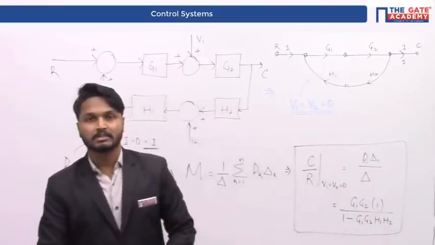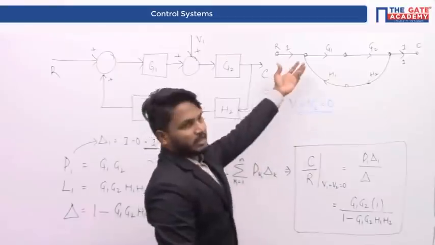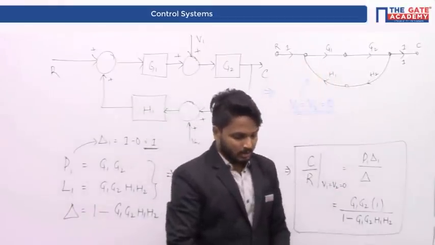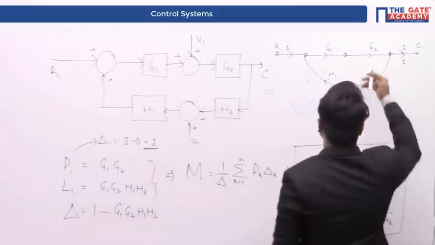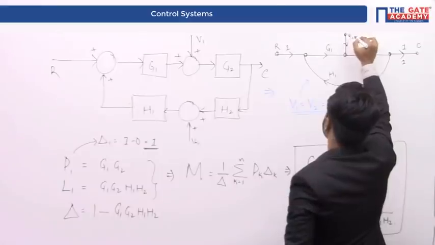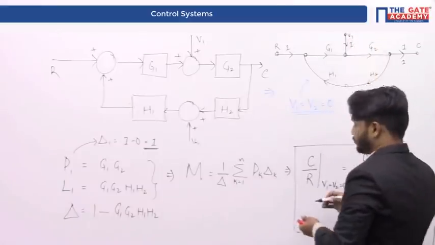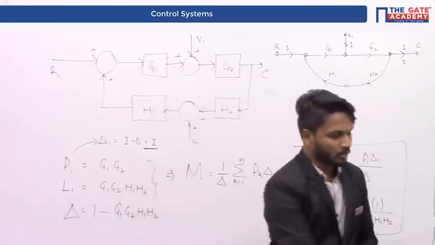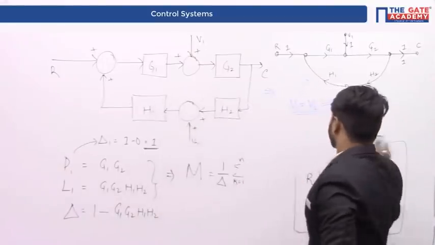Let us now discuss the case when V1 is the only input present and R and V2 are absent. Then the case will be something like this. V1 is the only input present and V2 is 0 as well as R is 0. Therefore, let us see it here.